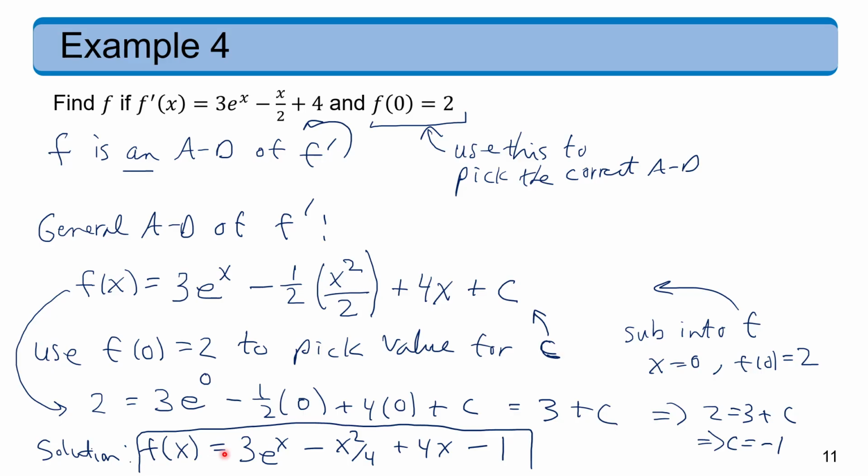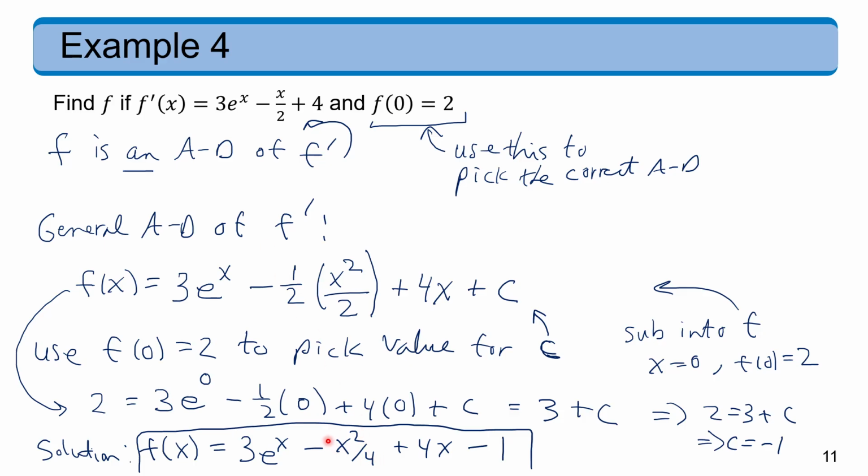Okay, so we're claiming this formula satisfies the given information. If you were to take the derivative of this formula, you should get exactly what we see here. And that's very easy to check, right? Derivative of 3e to the x is 3e to the x. That part matches. Here you'd bring the 2 down in front.